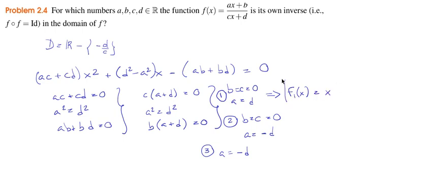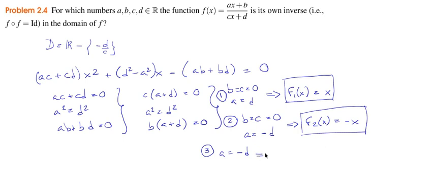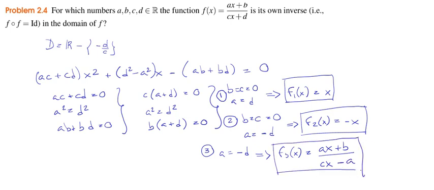That's the first function, and it's obvious that x is its own inverse. f2 is the same, b and c are 0, and a is minus d, so we have minus x. And finally, for a equals minus d, f3 is ax plus b over cx minus a, which is interesting because this function is its own inverse for every value of a, b, and c.